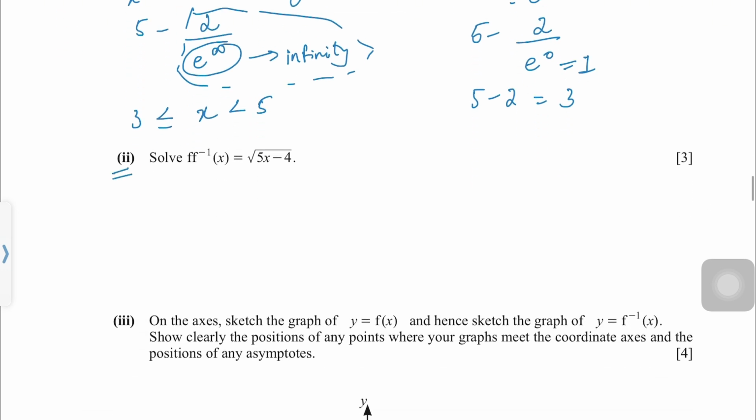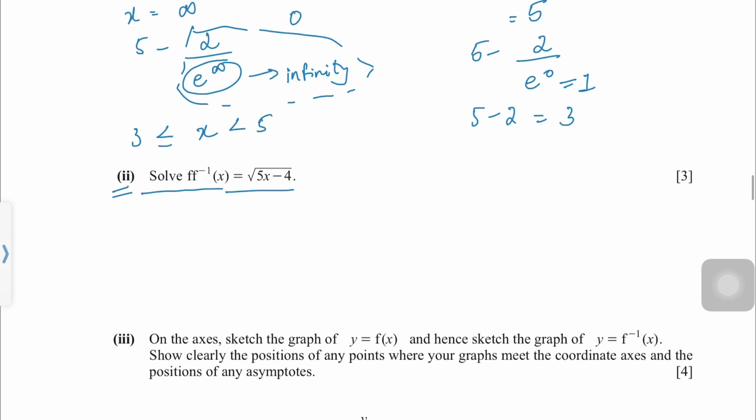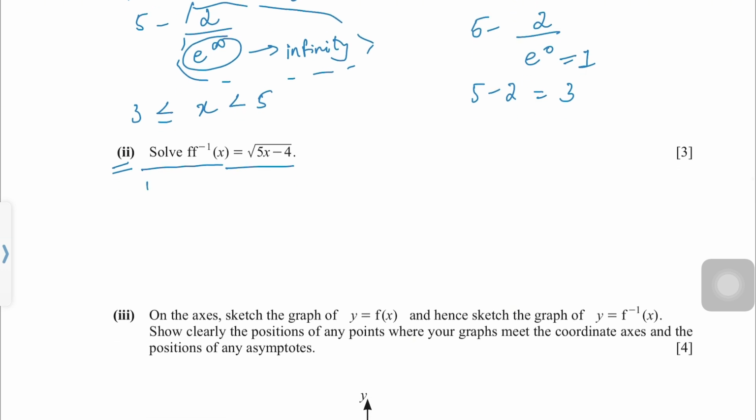So now moving on to part 2. Solve f of f inverse x equals 5x root 5x minus 4. Let's just do it first. For the inverse of f, y equals 5 minus 2e to the power x. This would be solved to get 5 minus y as 2e to the power x. Then e to the power x would be 2 over 5 minus y.